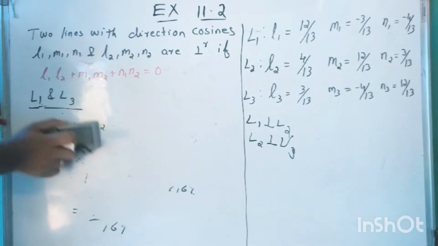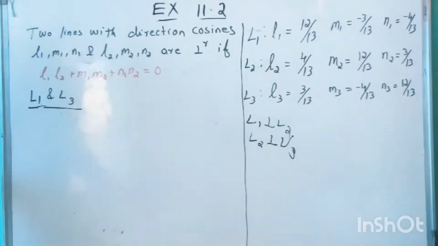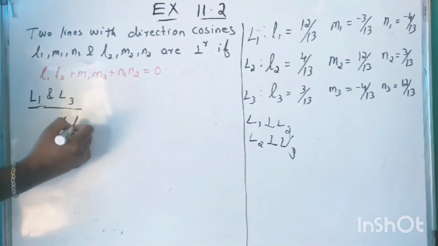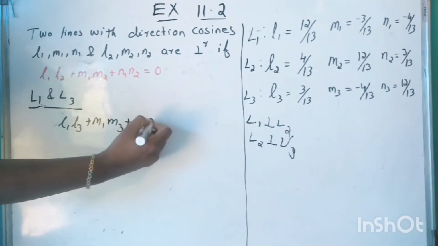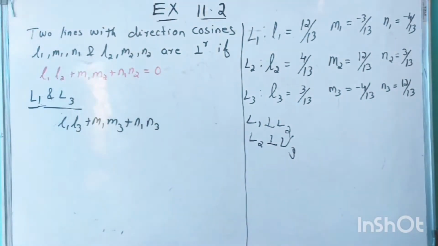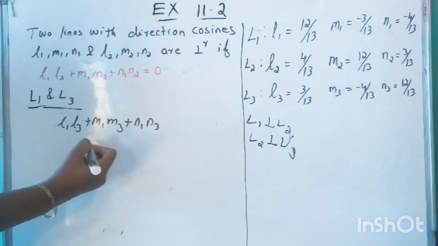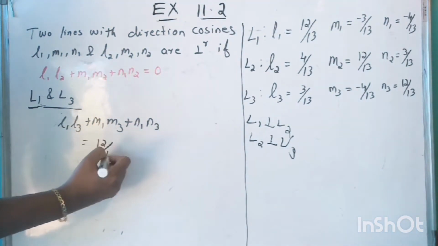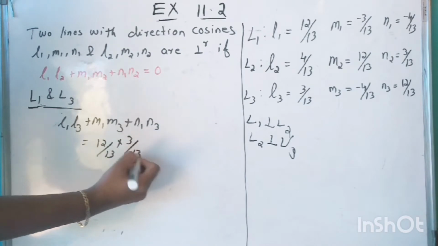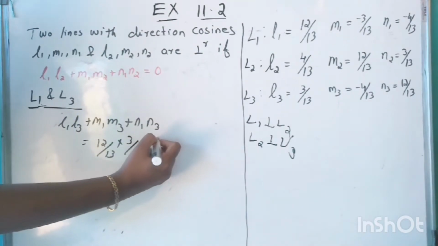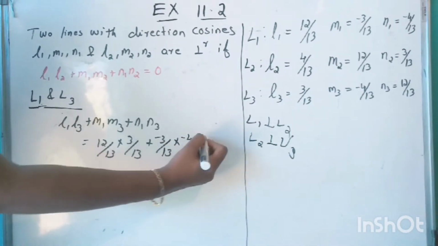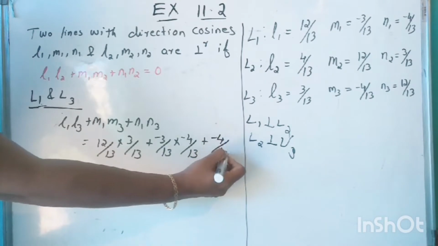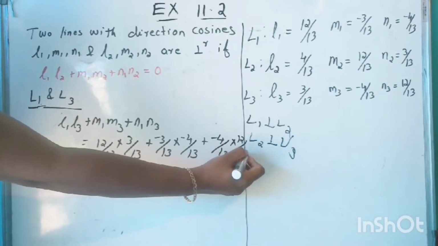In that case, we need to take L1 L3 plus M1 M3 plus N1 N3. This is equal to 12 by 13 into 3 by 13 plus minus 3 by 13 into minus 4 by 13 plus minus 4 by 13 into 12 by 13.